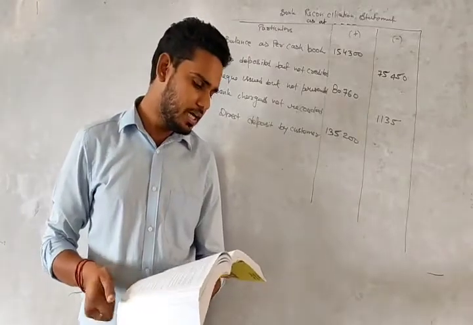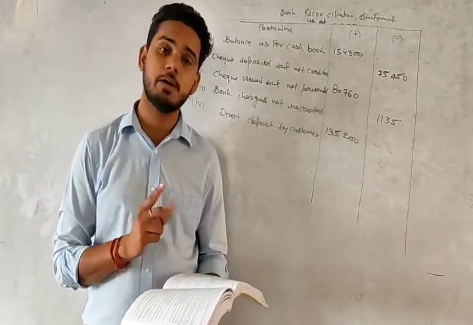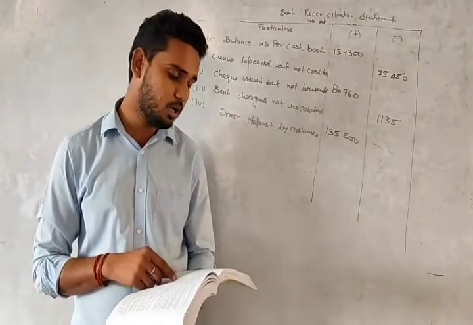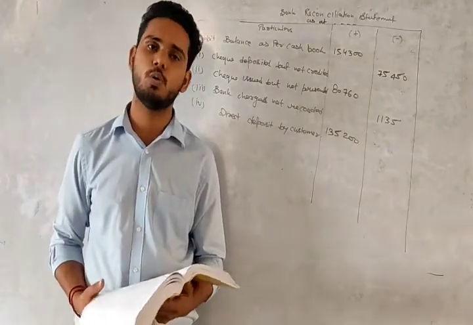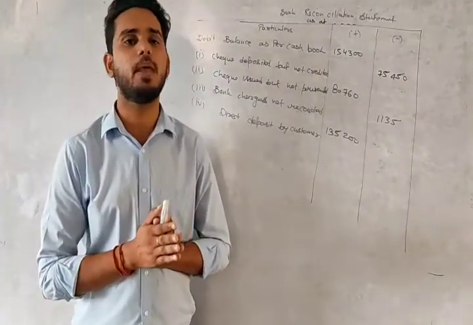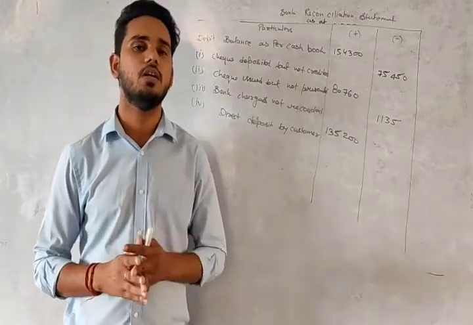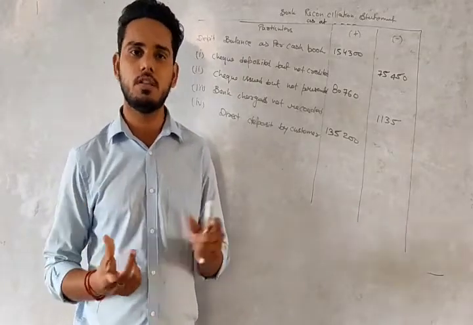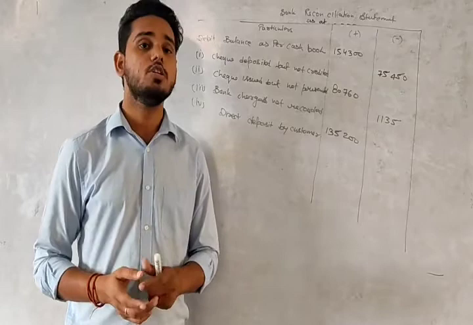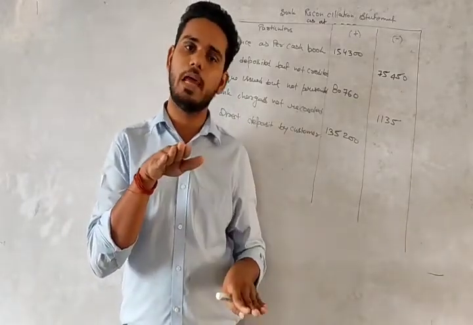Now the next point is insurance premium paid by bank as per standing instruction but not yet recorded in cash book, 15,400. Now the bank has made some payment as per your standing instruction. You have already told the bank to pay this much amount every month from your bank account. So whenever the bank pays money, the bank will decrease your balance.